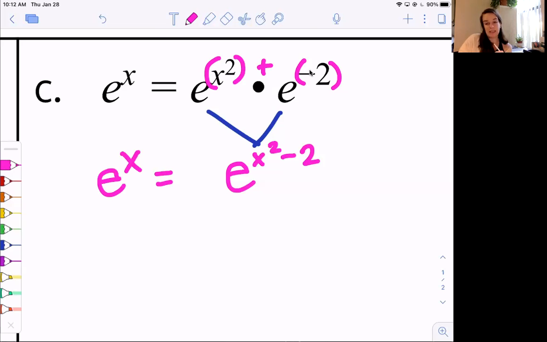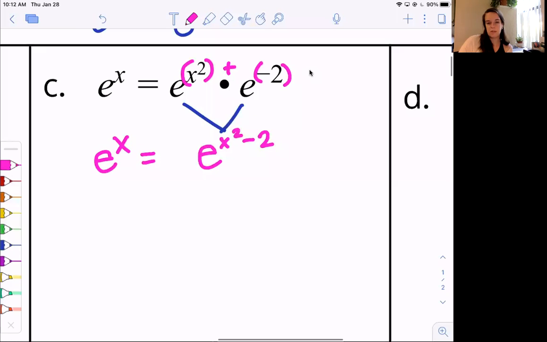Does anyone know what e is? Anyone know? It's actually a number. I would say the number e. Does anyone know the number e? Galilee knows it's 2.7. It is approximately 2.7. Yes, Ali, it is our base.